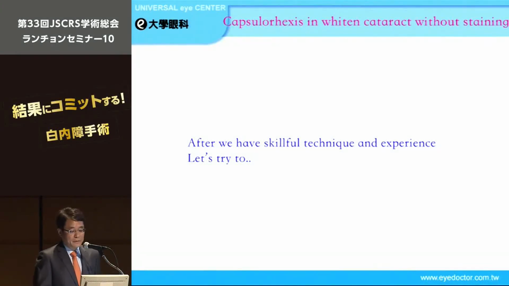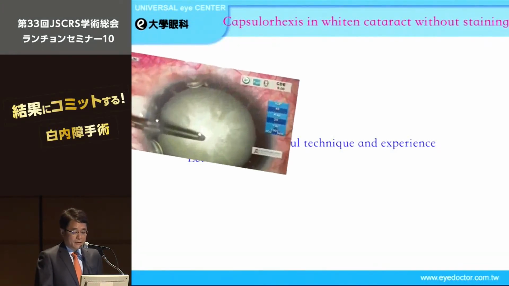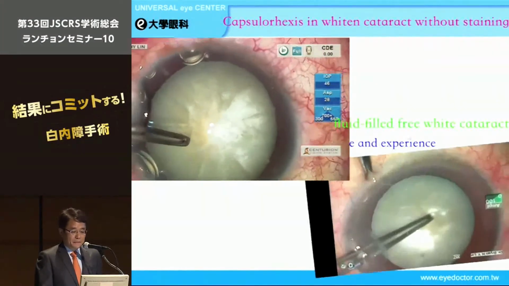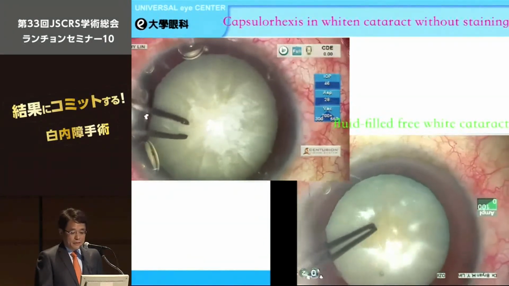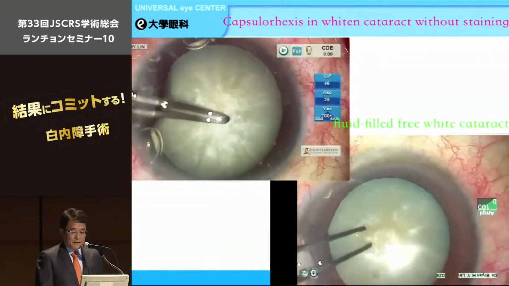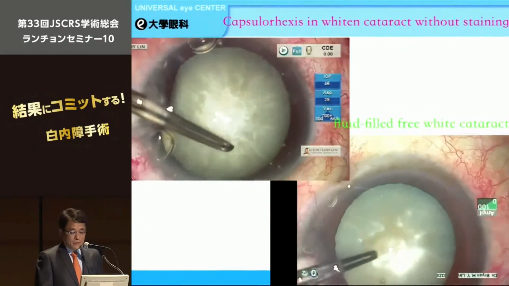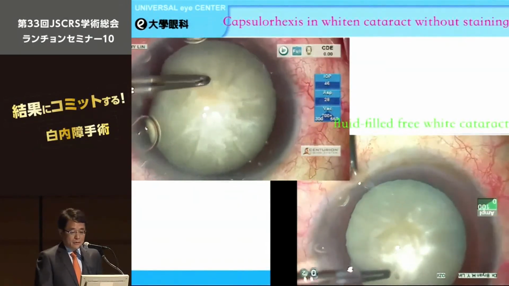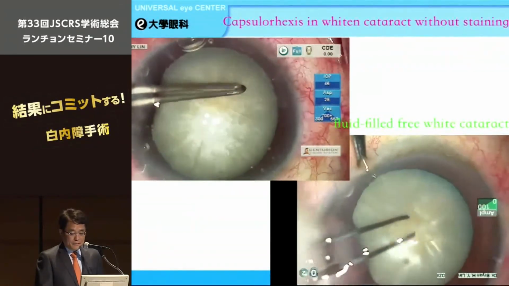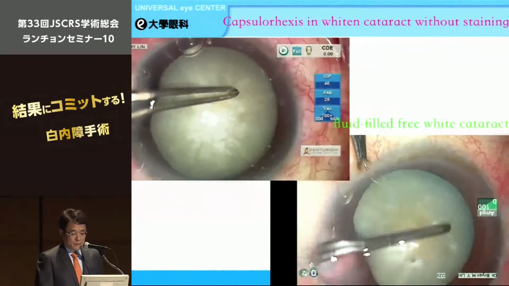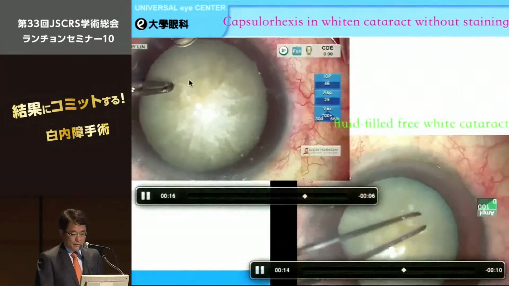After we have skillful technique and experience, let's try to perform capsulorhexis in this white cataract without using anterior capsule staining, by the regular procedure. Grab.